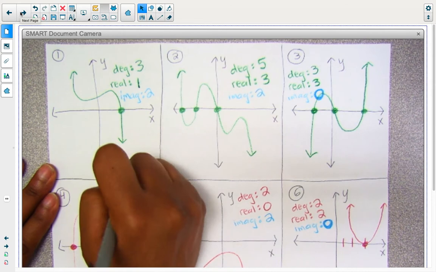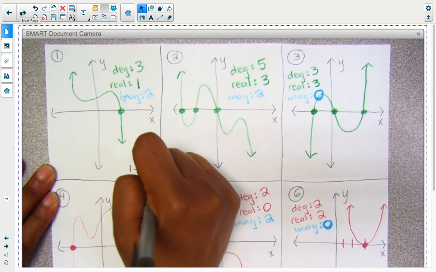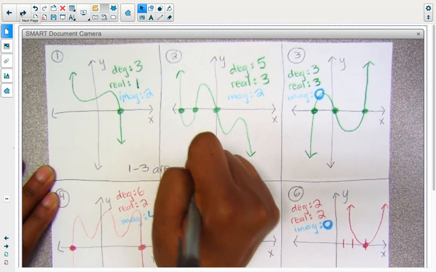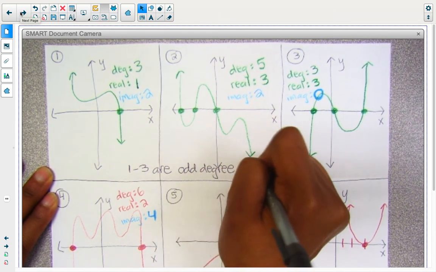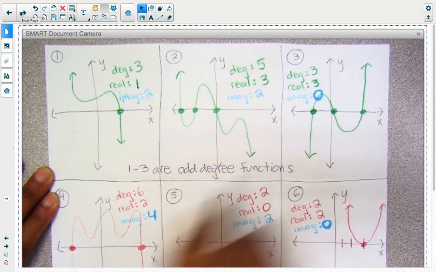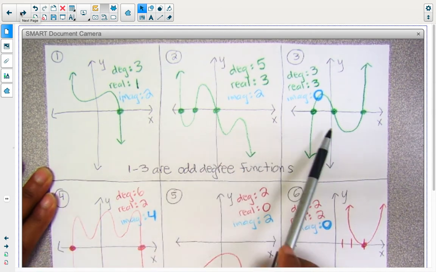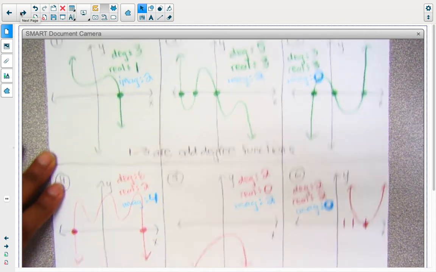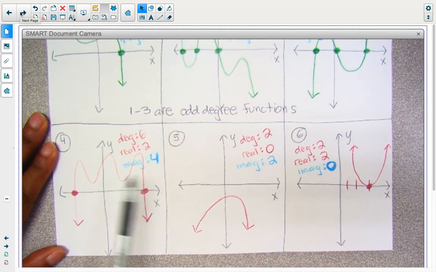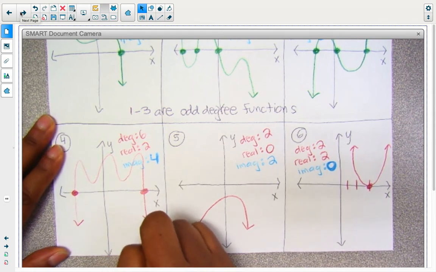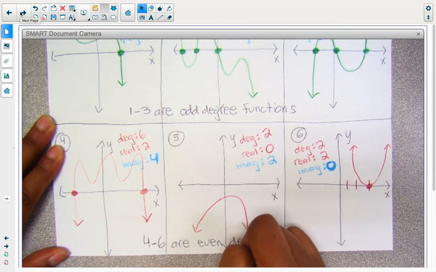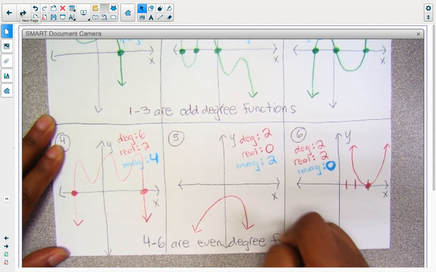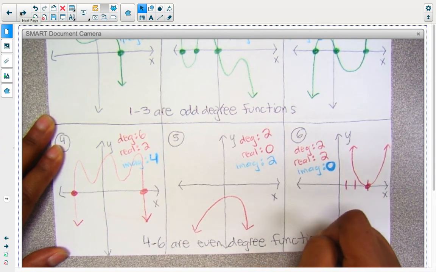So I'm going to write that somewhere. 1 through 3 are odd degree functions. So cubic, quintic, cubic. Those are odd numbers. 4 through 6, you should notice these are all even degree functions. So 4 through 6 are even degree functions. So make sure you write that somewhere.